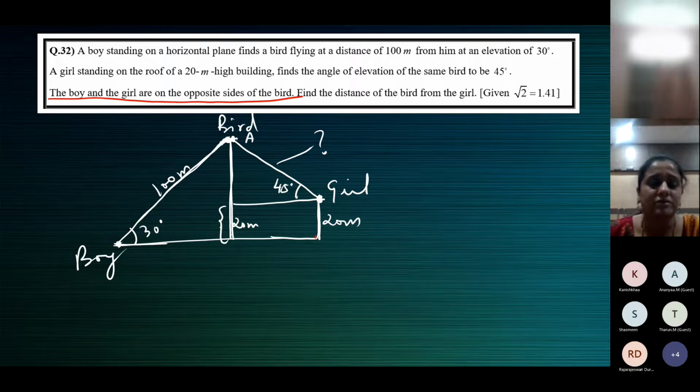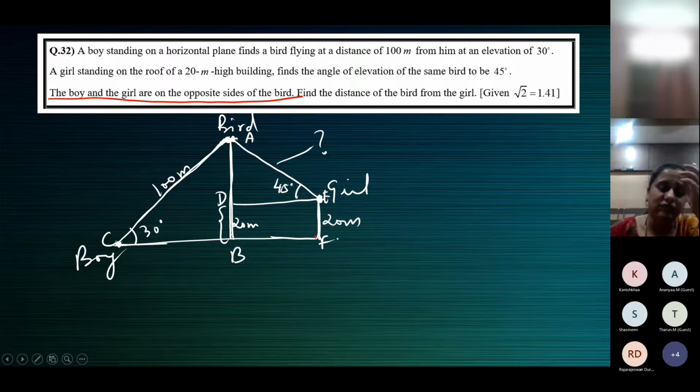I call it A, B, C, D, E, F. Nandini, which triangle to take first? Kanishka, which triangle first? ABC, ma'am. Yeah, in ABC, 30 degrees, 100. What would you like to find?